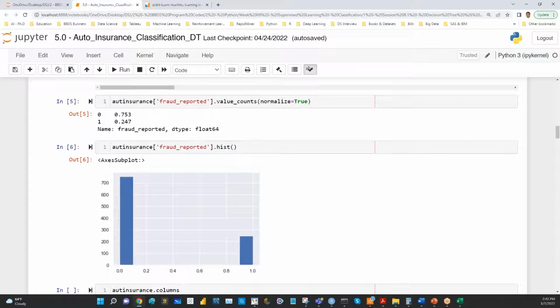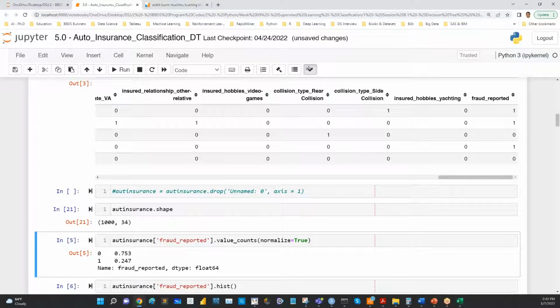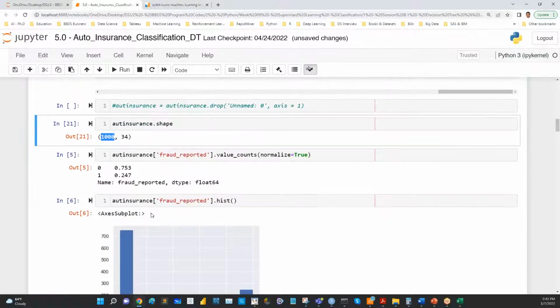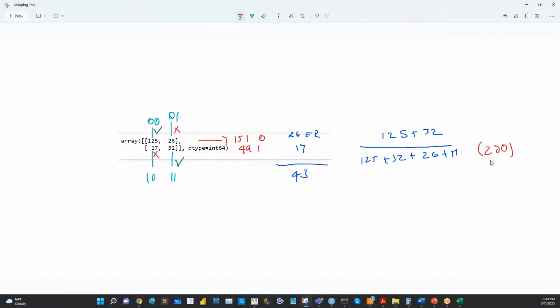We got 1,000 features, and we split 20%, which is 200. So if you ask where this 200 is coming from, that is our 20% of the 1,000 claims that we had in the Encircle data.